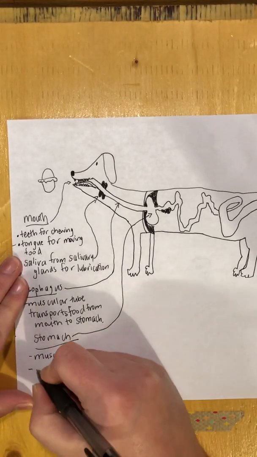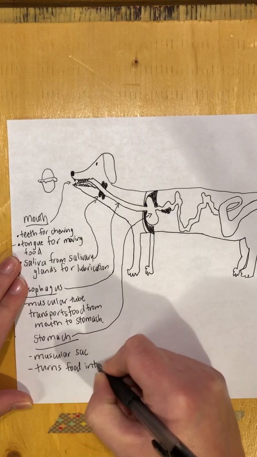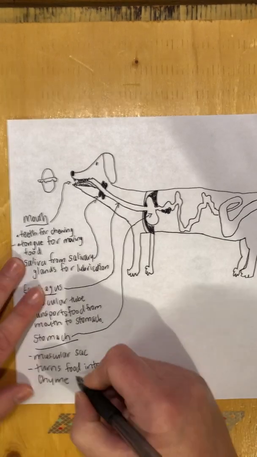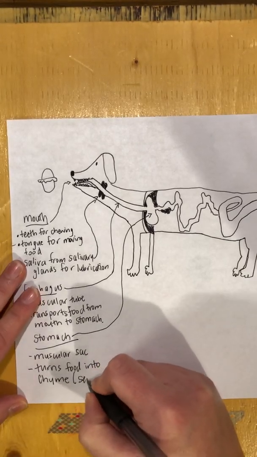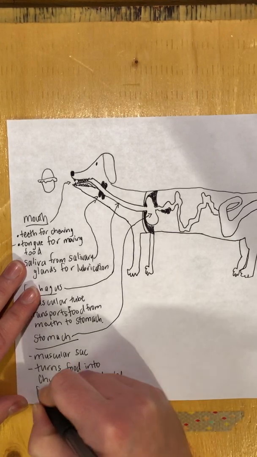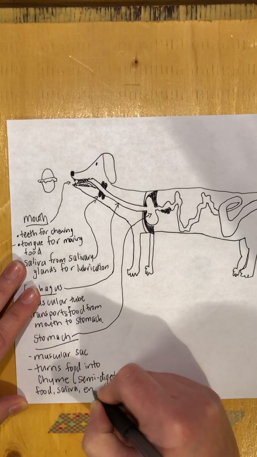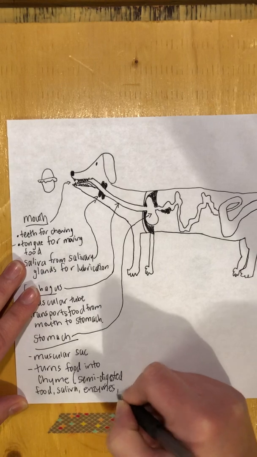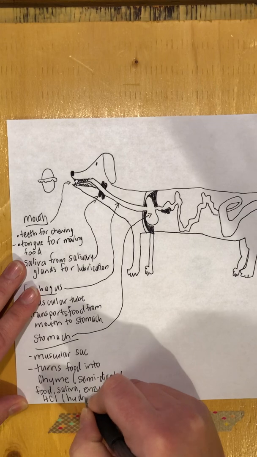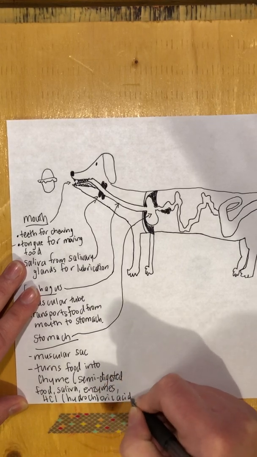The stomach turns the food into chyme. So chyme is a mix of semi-digested food, saliva, enzymes, and HCl, which is hydrochloric acid.